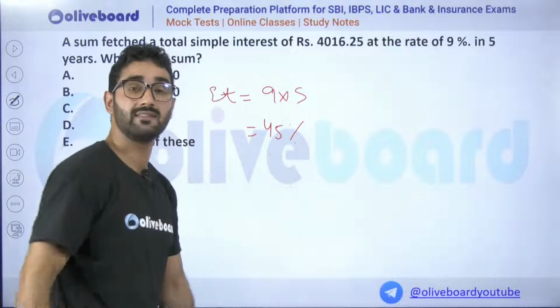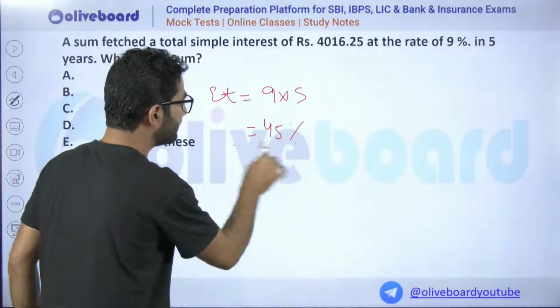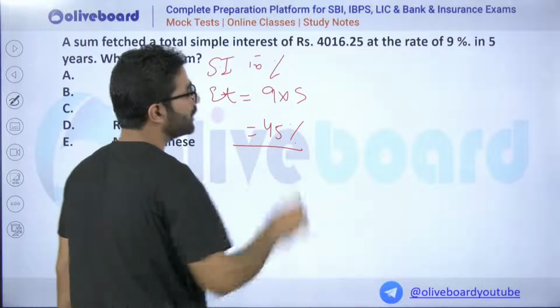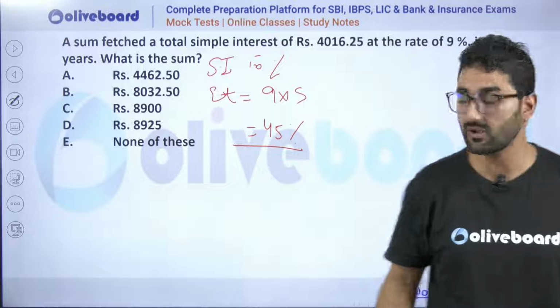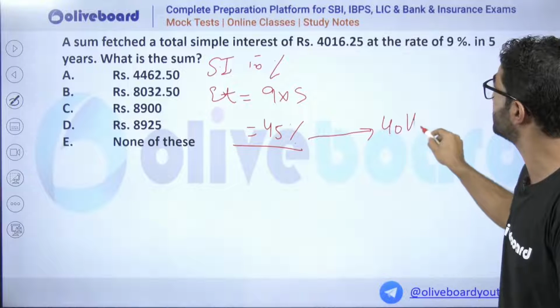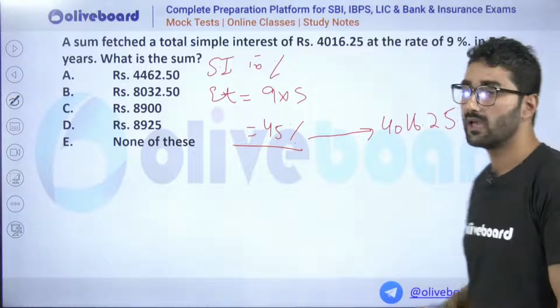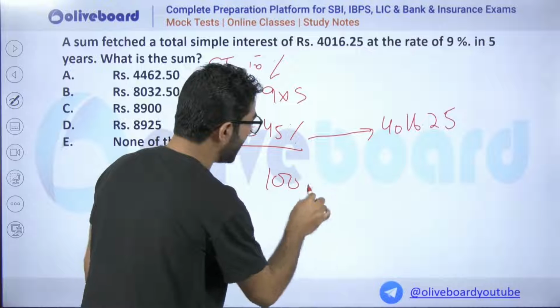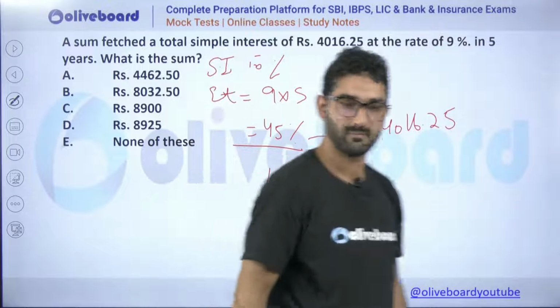This is the simple interest in percentage. But the simple interest is given as 4016.25. If this is 45%, how much will 100% be?